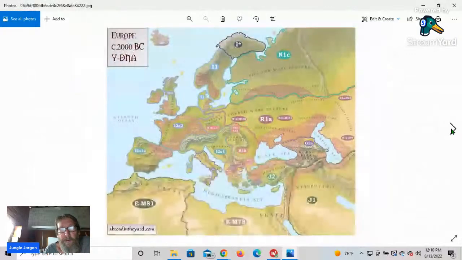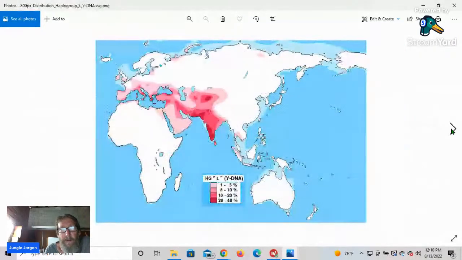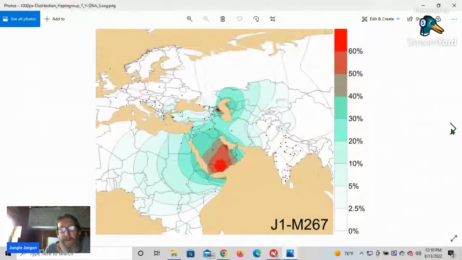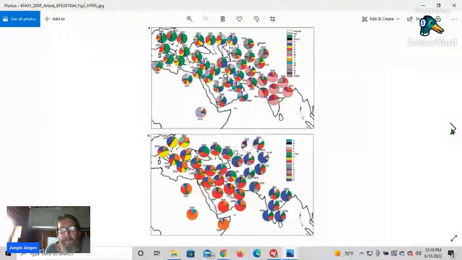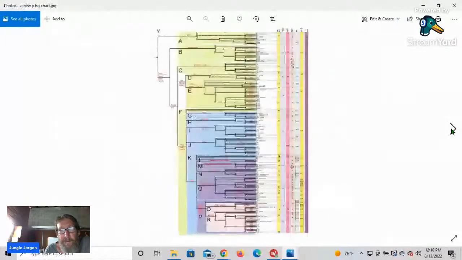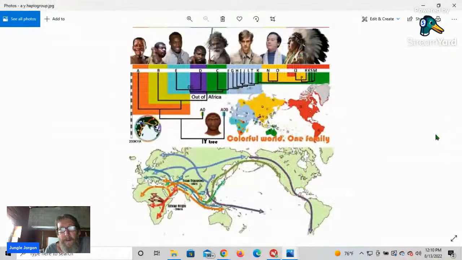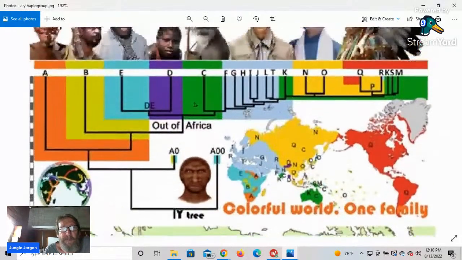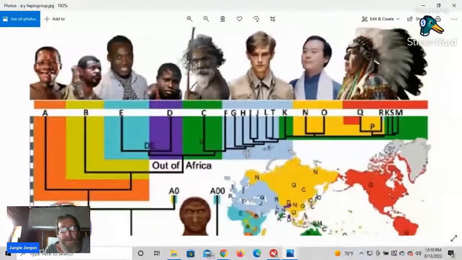We already know it's confirmed anyways because I already identified all the descendants of Japheth and the descendants of Noah and everyone. But this claim of out of Africa is wrong.